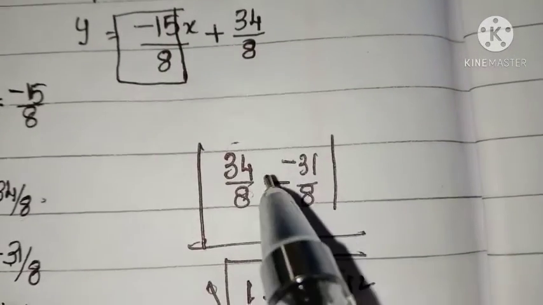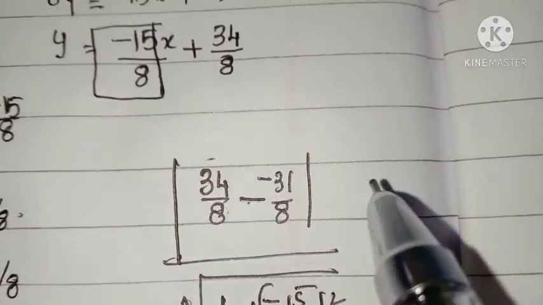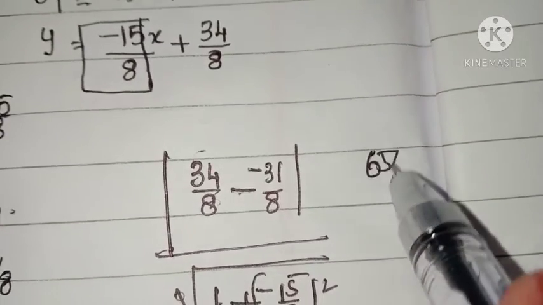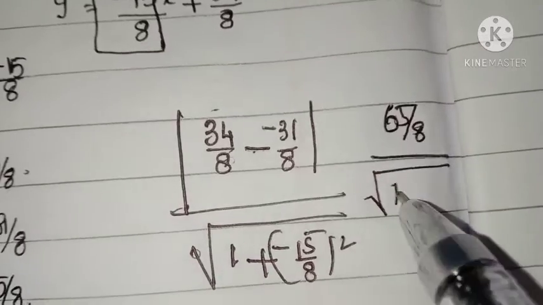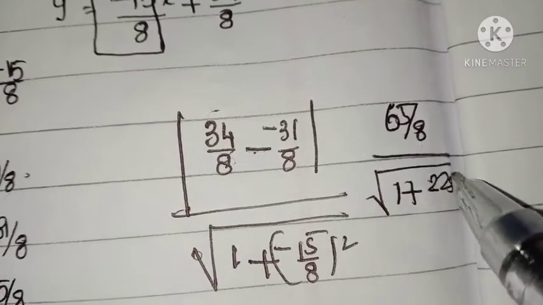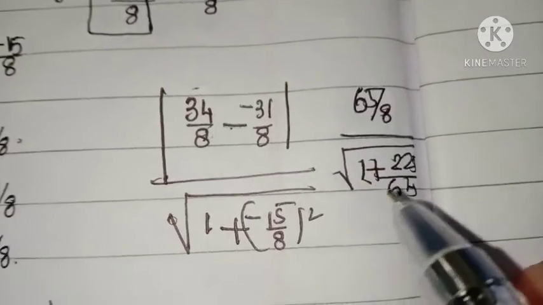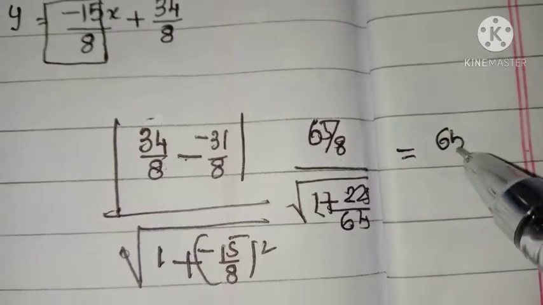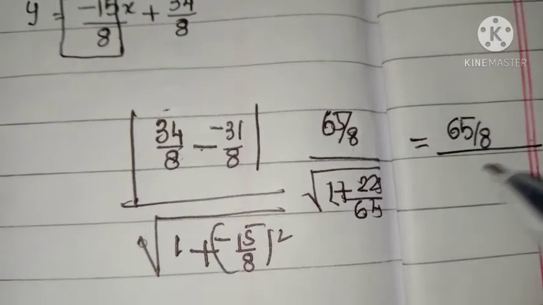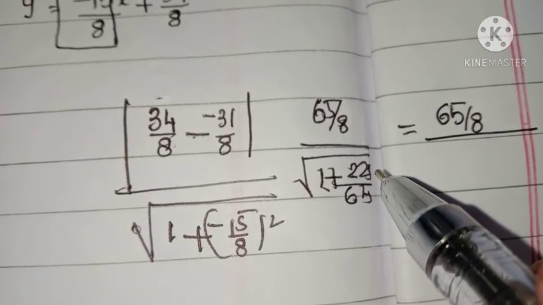Now simplify. This minus and minus become plus. So 34 plus 31, 65. 65 by 8 divided by root of 1 plus 225 by 64. Now take the LCM and find the square root. We can see that this is equal to 65 by 8 divided by root of 64 plus 225, which is 289.